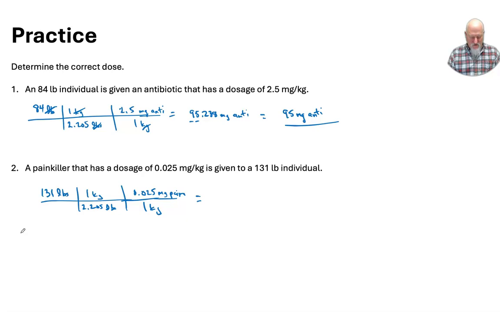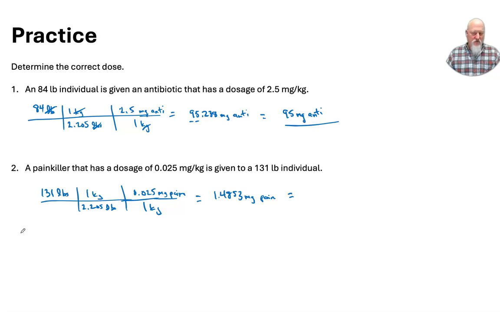Doing our calculation, 131 divided by 2.205 times 0.025 gives us 1.4853 milligrams of painkiller. Okay, significant figures 3, 4, 2.